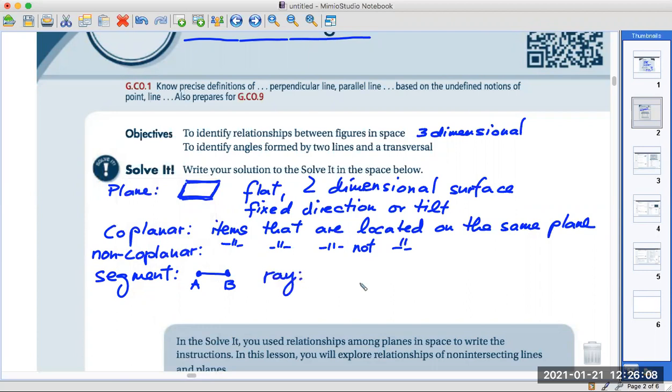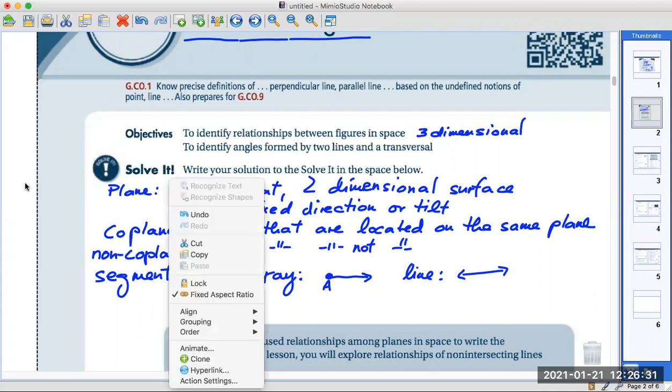A ray has one beginning point, but no end point. So it starts somewhere, but it keeps going in one direction. And then you'll, of course, have lines. And lines go on in both directions forever, with no end in both directions, okay? And I think that's pretty much it.